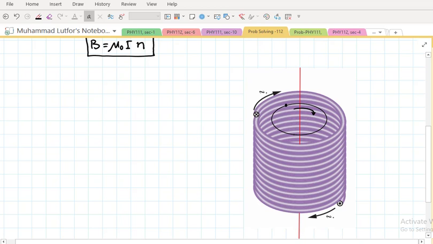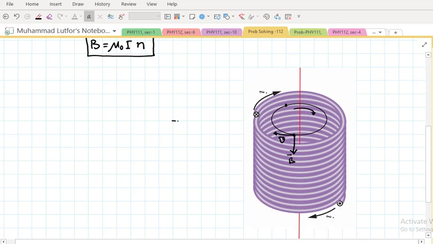Then this would be the direction of the velocity of the electron, and this would be the magnetic field, which is in the downward direction. I just shifted that one. So this would be my direction of the magnetic field.